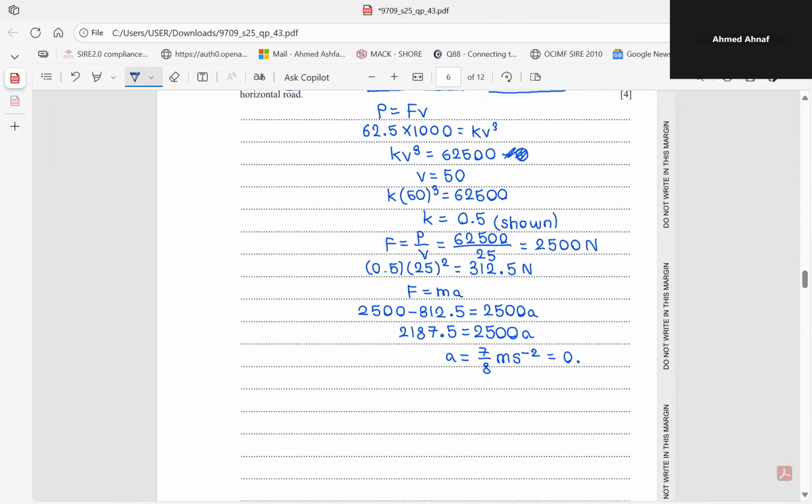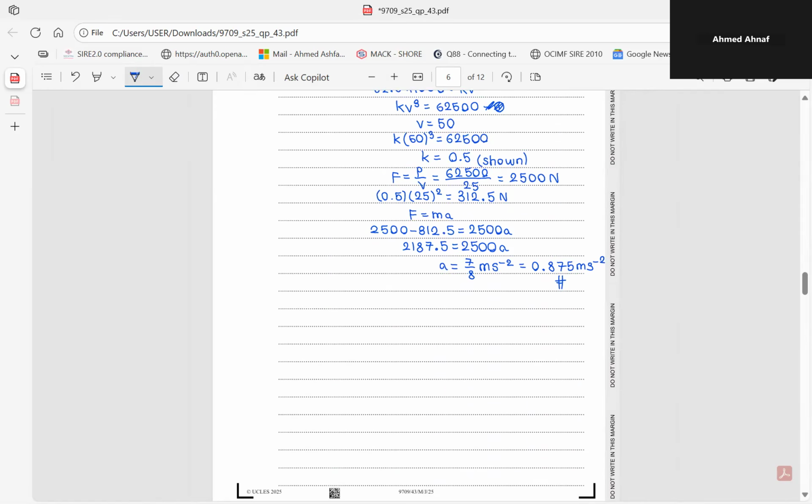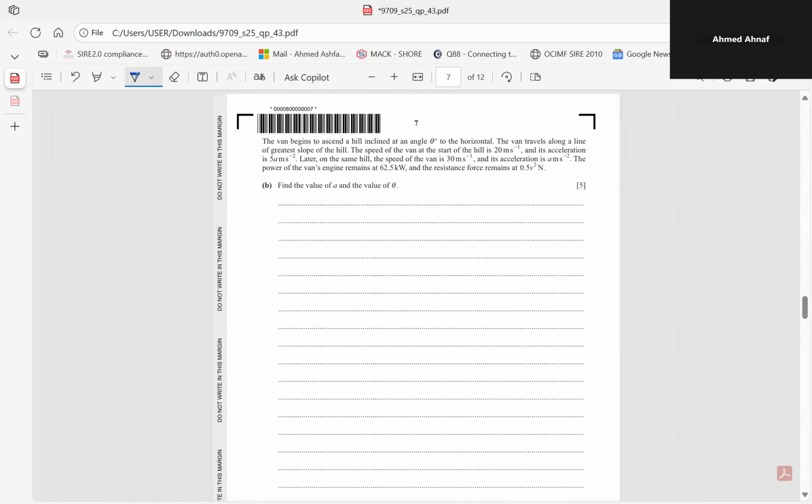So this would give us 0.875 meters per second squared. So this is our final answer for the first part. Let's head on to the next part.